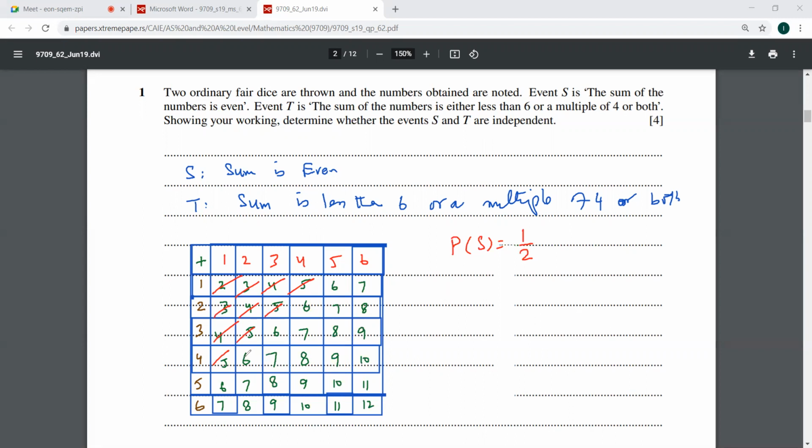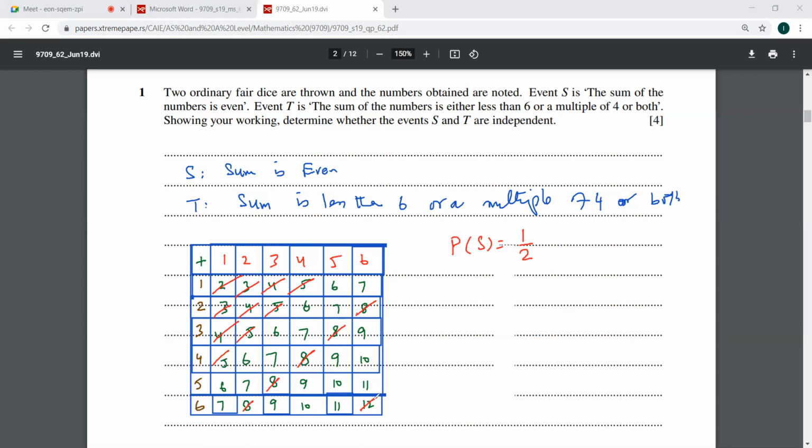And then there are multiples of 4, so this and this. Okay, so yes, this is or both.